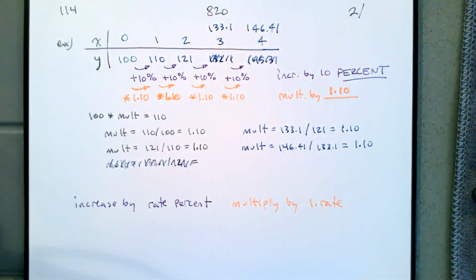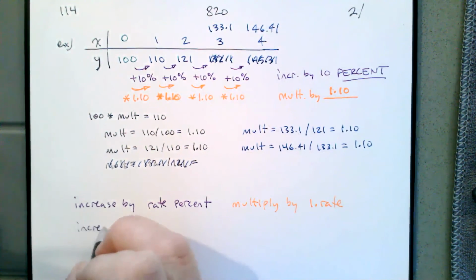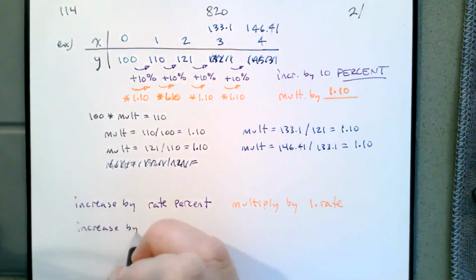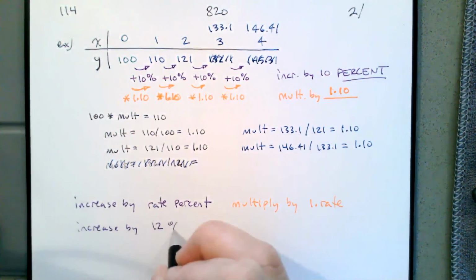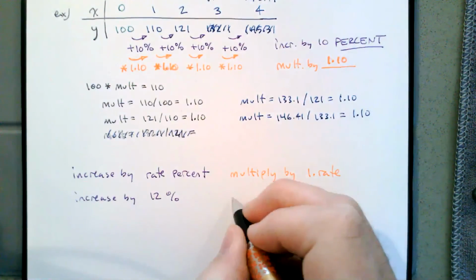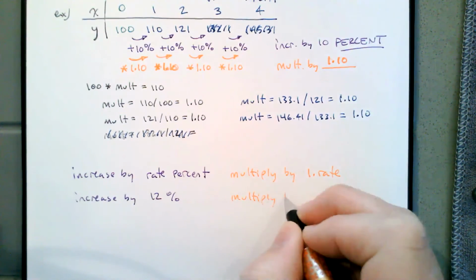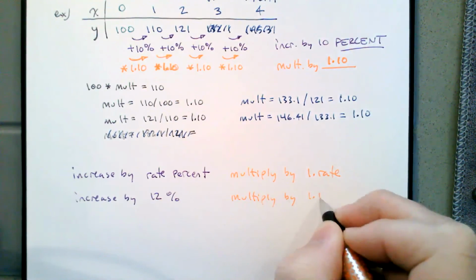We could make a formula for this, but it's better if we don't have to rely on things like formulas, especially for things that we want to be able to do by observation. So if I say something increases by 12%, we can translate that to multiply by 1.12.